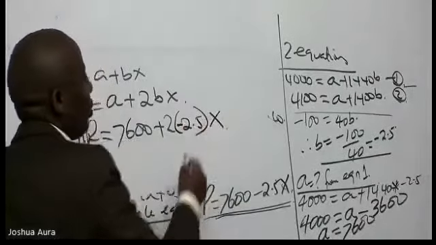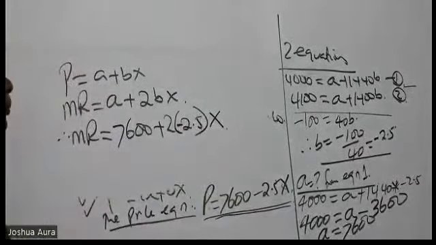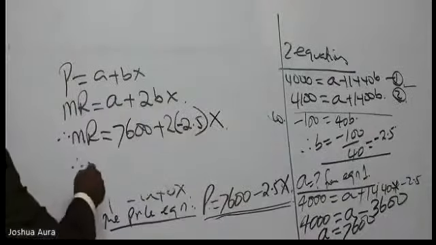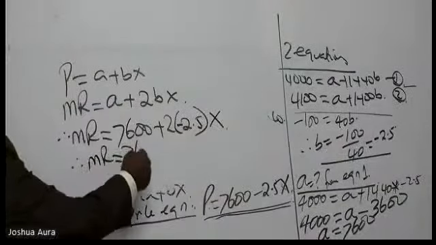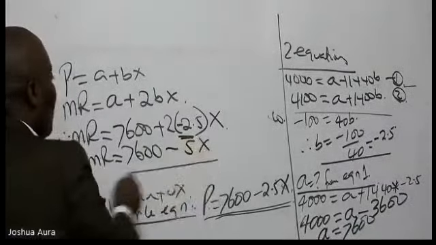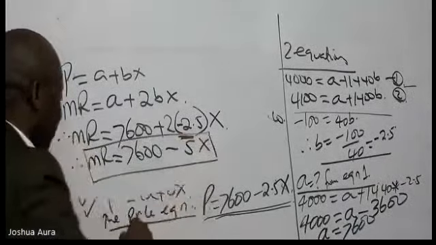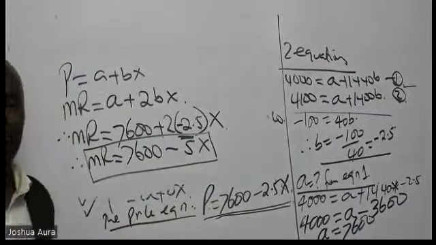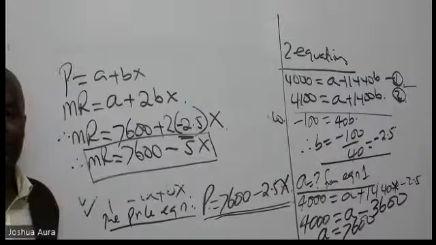Then of course, we don't know X. So my marginal revenue will be 7,600 minus 5X. This is the answer. A very important formula. You should even clap for me. I've given you a formula you have never known.